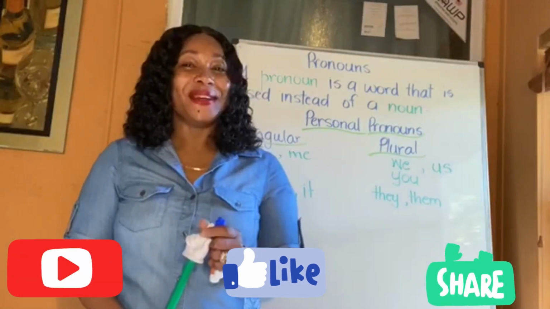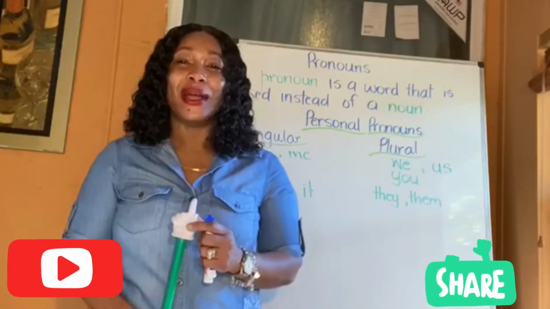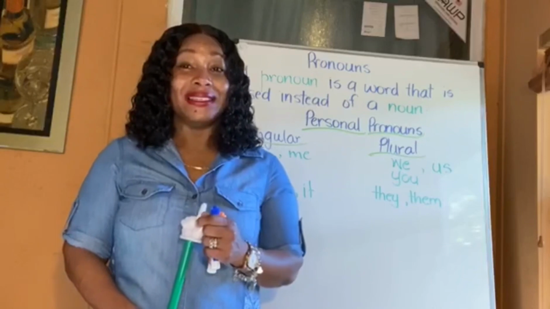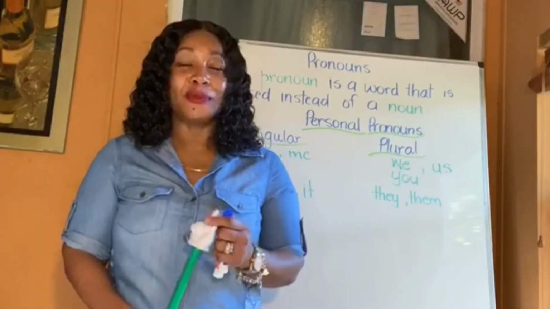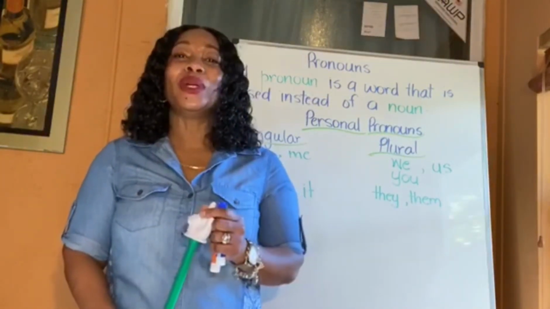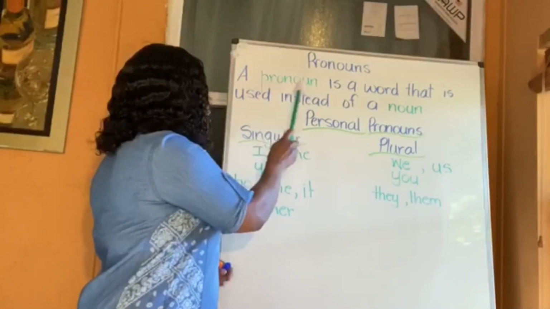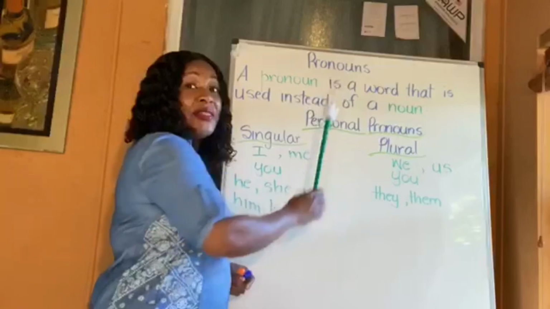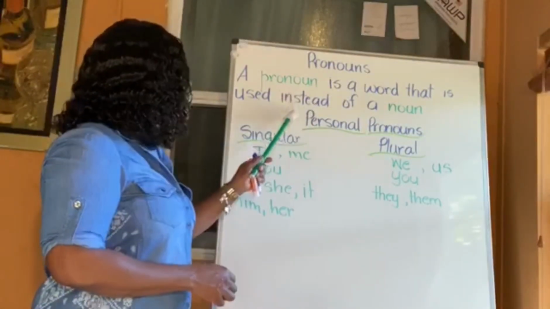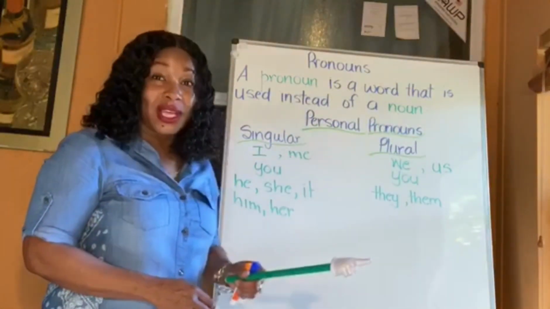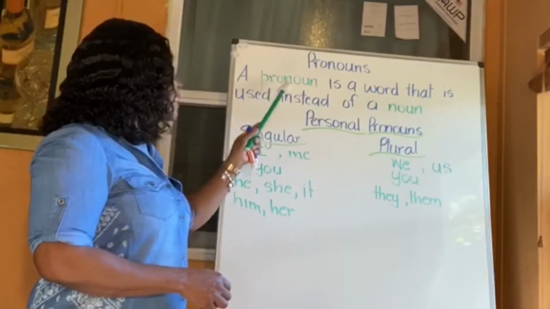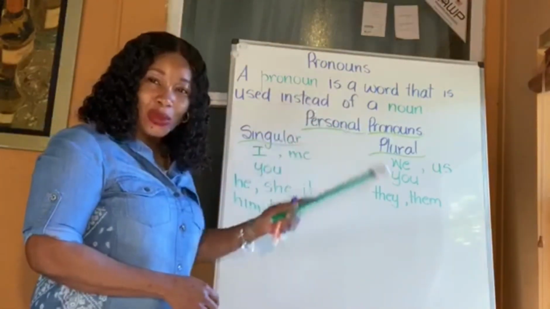Now today we will be looking at pronouns. There are different types of pronouns, but today we'll be looking at one part. A pronoun is a word that is used instead of a noun. So when you hear the word pronoun, you hear the word noun coming out.